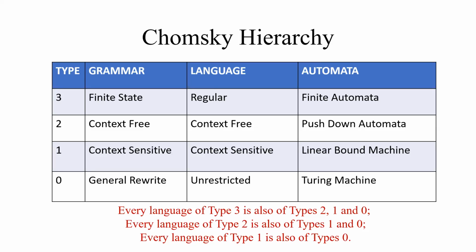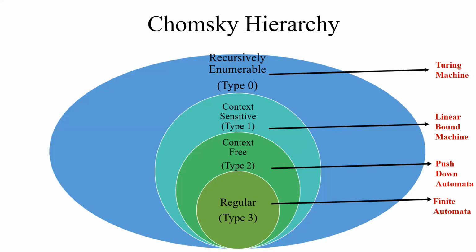So, this table along with this diagram is the summary of the entire theory of computation. Type 3 is a subset of 2, 1, and 0. Type 2 is a subset of 1 and 0. Type 1 is a subset of 0.